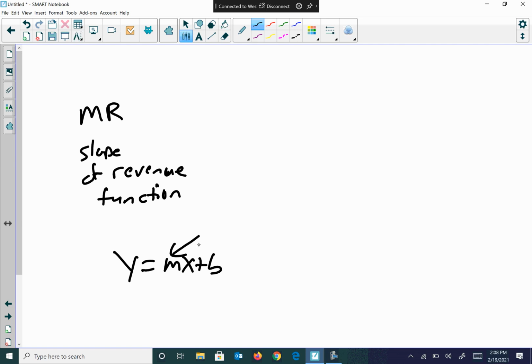The marginal cost would also be a slope. So you're creating multiple linear equations. And then your marginal profit, this would be the slope of your profit function.